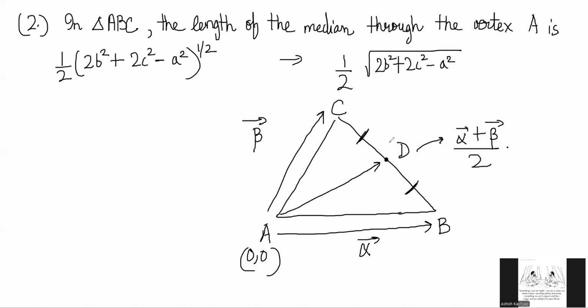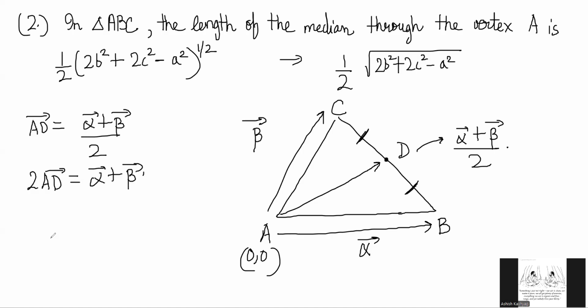So we know the AD vector. AD vector is alpha plus beta by 2, right? So we have twice of AD vector is equal to alpha plus beta, and therefore if I square this, I will get 4 times AD mod square.